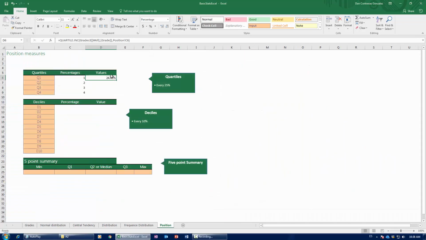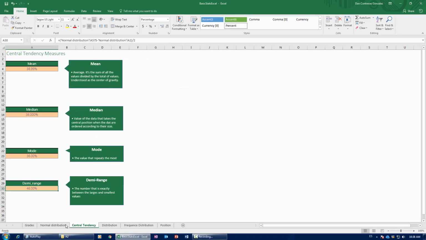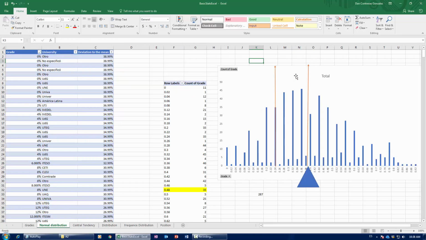Now, let's check out the second quartile. For the second quartile, I'm just going to drag it down because thanks to my reference, I know it's here. Now, the second quartile is not the same as the mean. It's the same as the median. So let me grab this one and change it right down here to 36%.